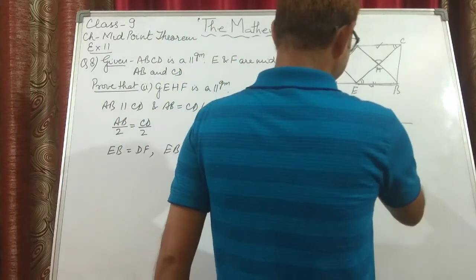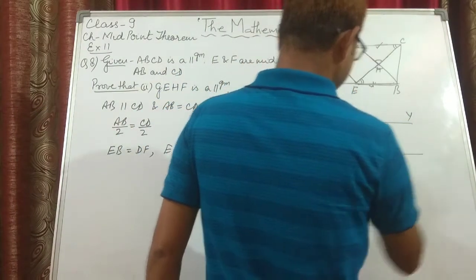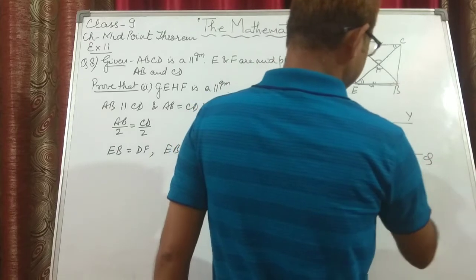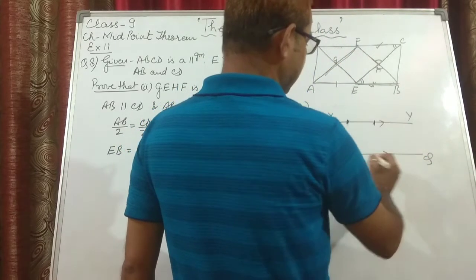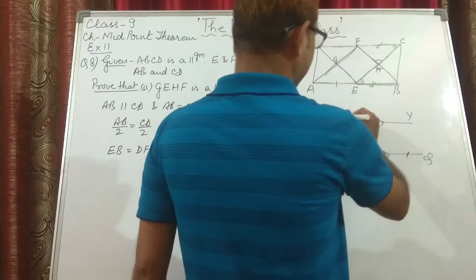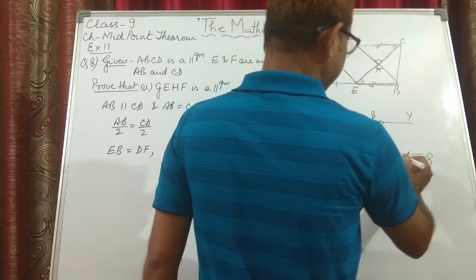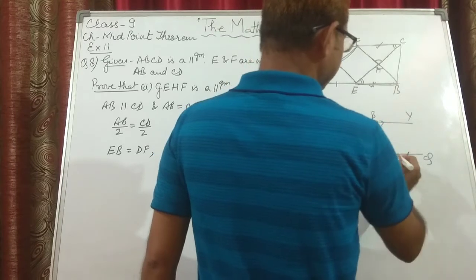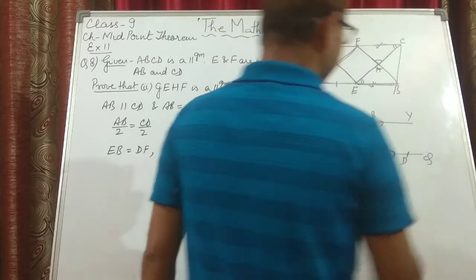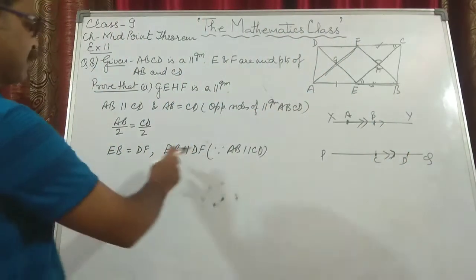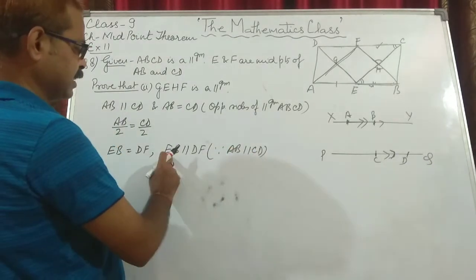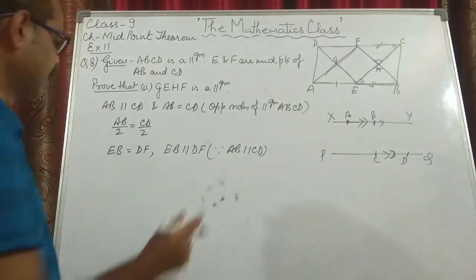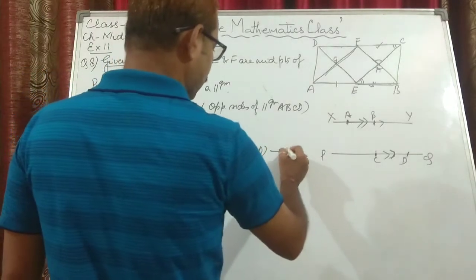Suppose this is line XY and this is line PQ. If these two lines are parallel, then parts of them are also parallel. So I can say that AB is parallel to CD. That is the same concept we have used here: if AB and CD are parallel, then EB and DF are also parallel. This is point number 1.